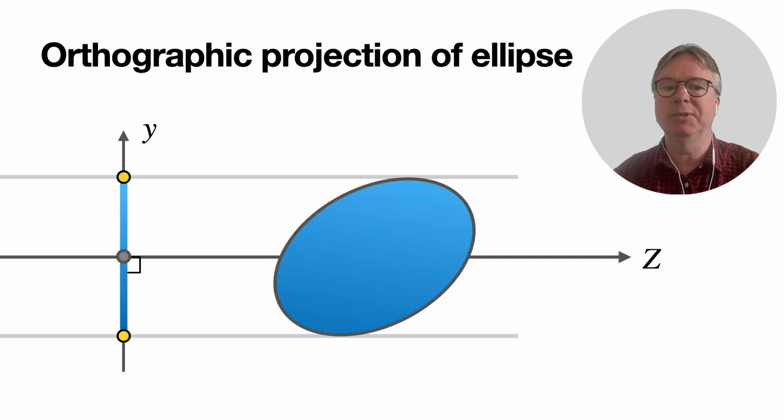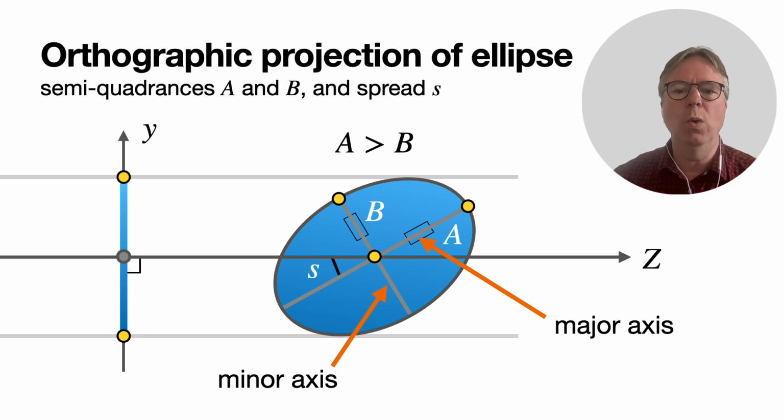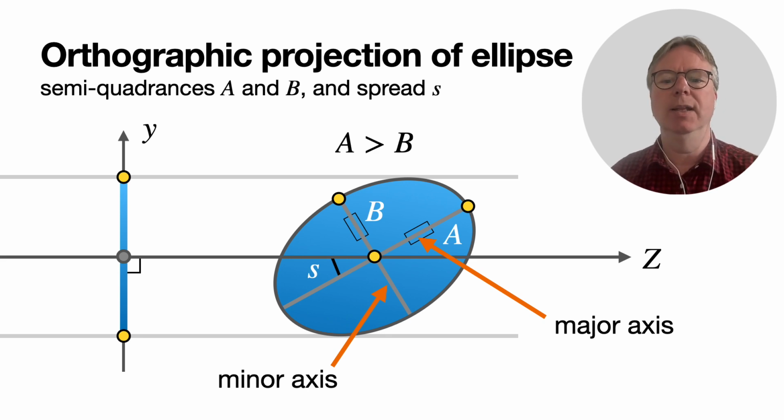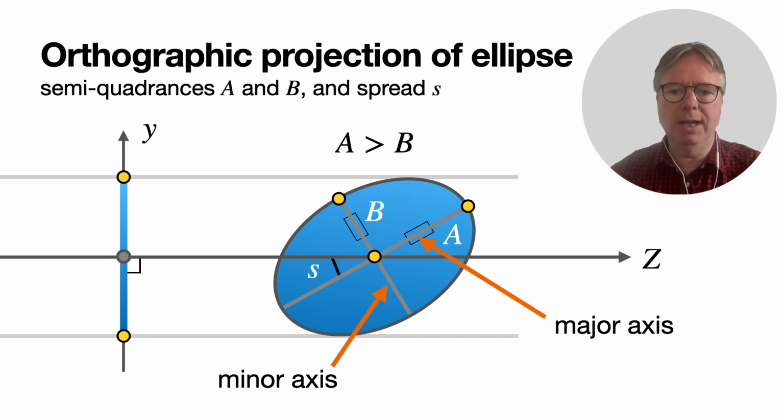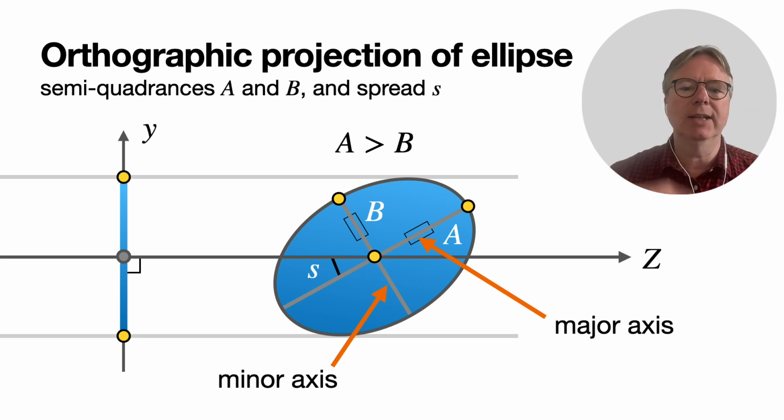But now we're going to the ellipse. That's a more interesting case. We have to define a couple of things. It's an ellipse with a major axis, that's the length, and a minor axis, that's the width. I express the major axis as quadrance A, and the minor axis as semi-quadrance B. In the following slides, A will always be bigger than B. Then S is the spread between the major axis and the viewing direction, so basically the z-axis.